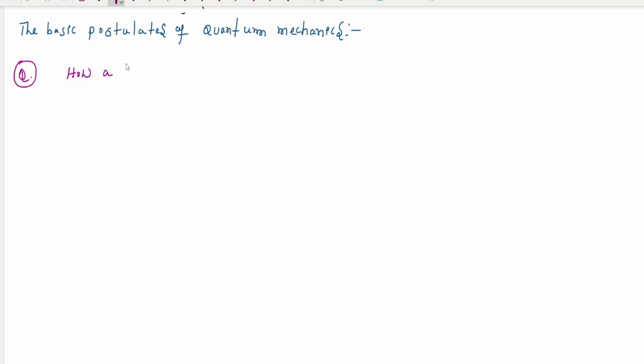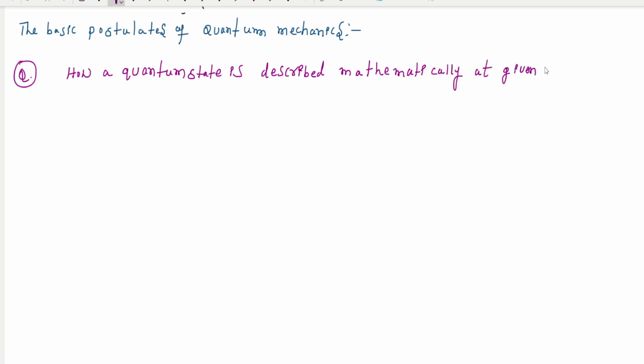How is a quantum state described mathematically at a given time t?